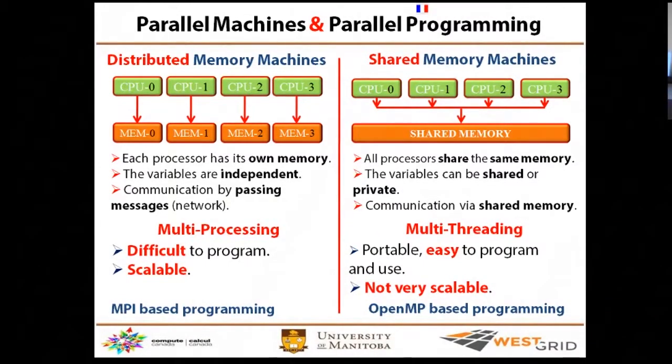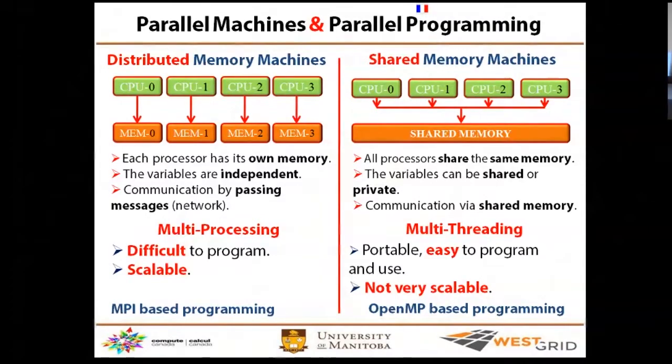The variables in this case can be shared, so a variable can be seen by all the cores, and some variables can be private, where each core has its own variable. In the case of distributed memory machines, all the variables are independent, so each computer or each CPU has its own variables. For distributed memory machines, the type of parallel programming is mostly MPI-based programming.